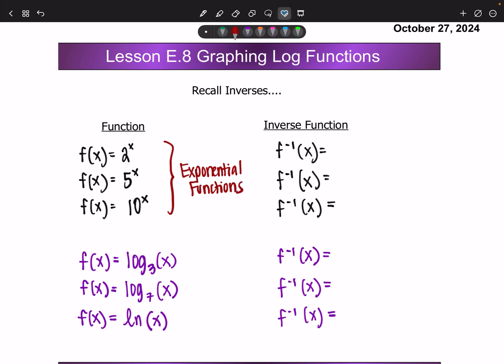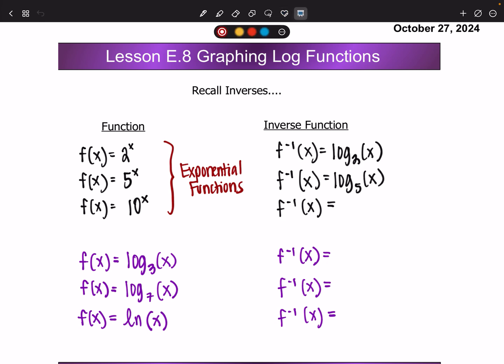Now, the inverse of an exponential function is going to be a logarithmic function. So the inverse of f of x equals 2 to the x is f inverse of x equals log base 2 of x. And the inverse of 5 to the x is log base 5 of x.